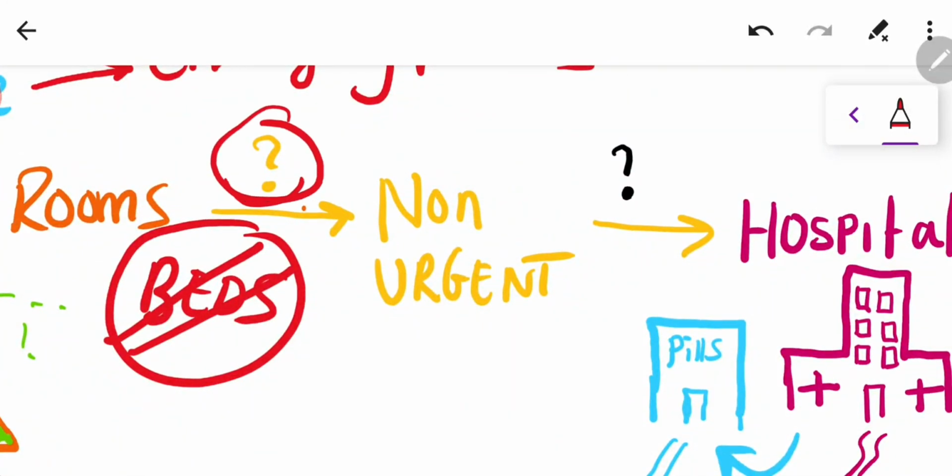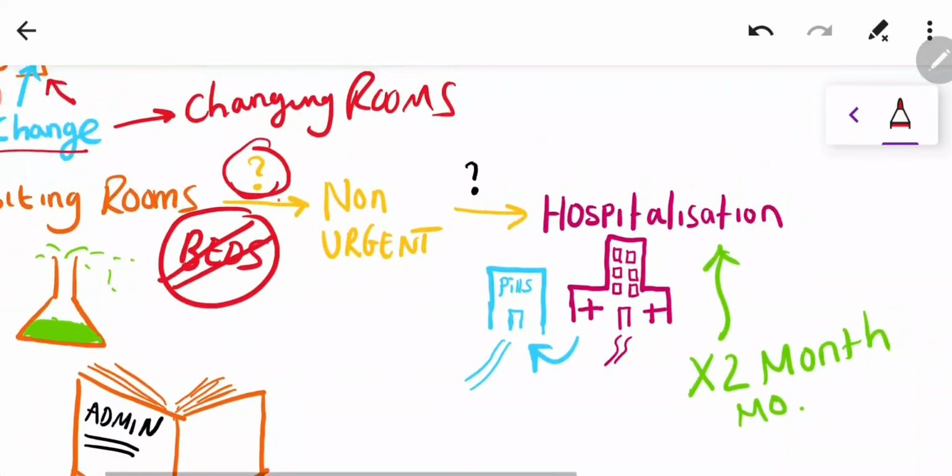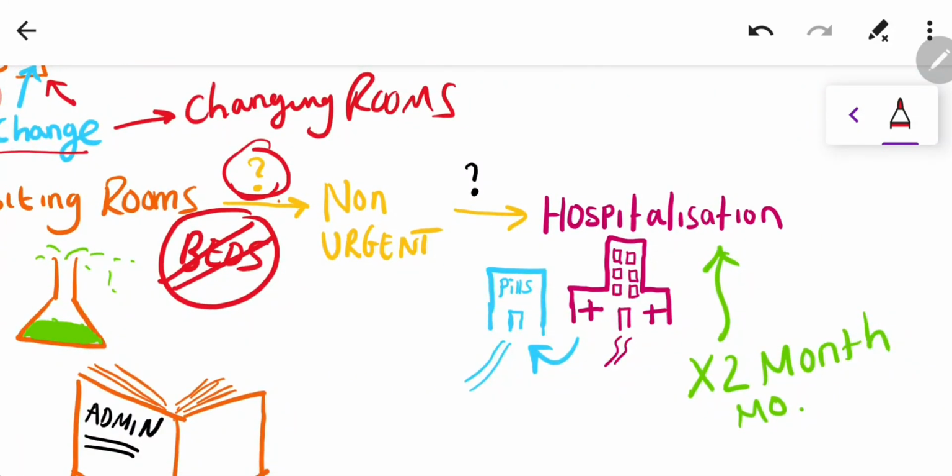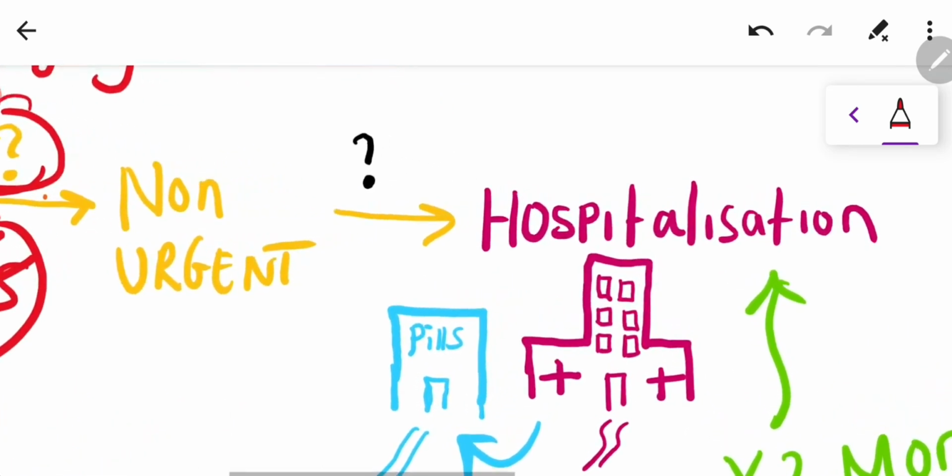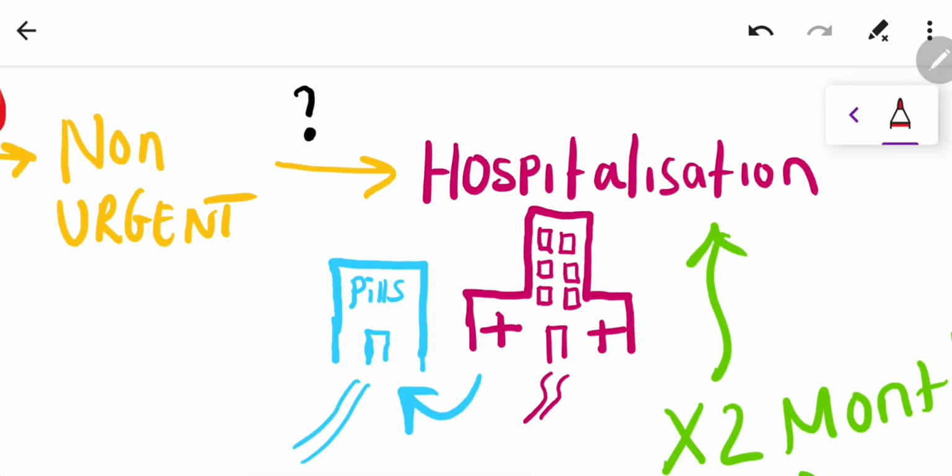Because it's for non-urgent people. So think of it as like you've got an ambulatory care area within the hospital. And then if there was a problem, then you can send them to actual hospital care.